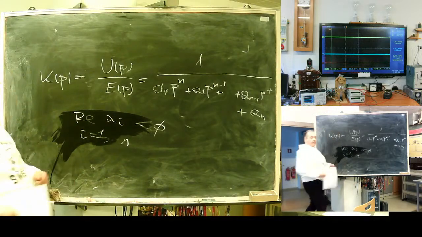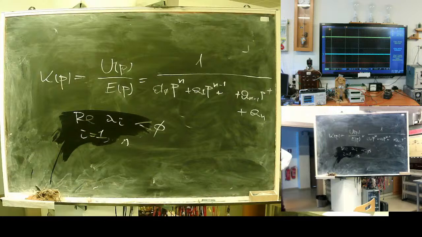Professor, I understand this part, but why for the U part do we just write 1 only?